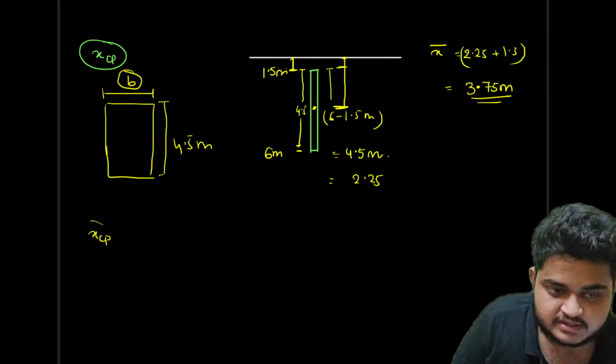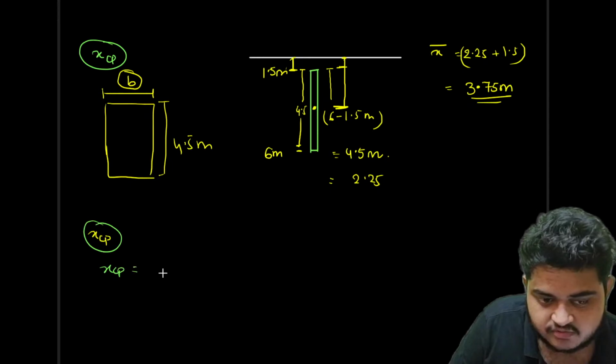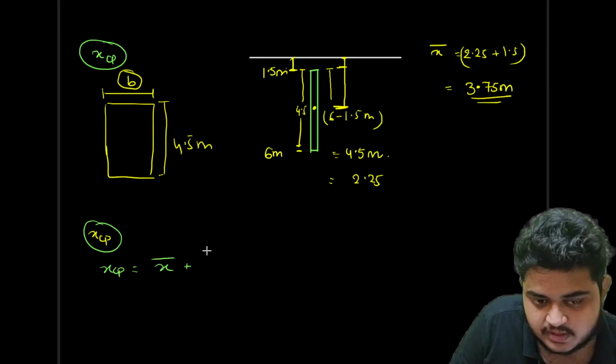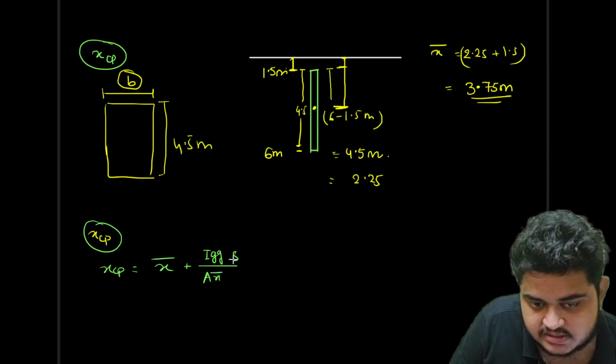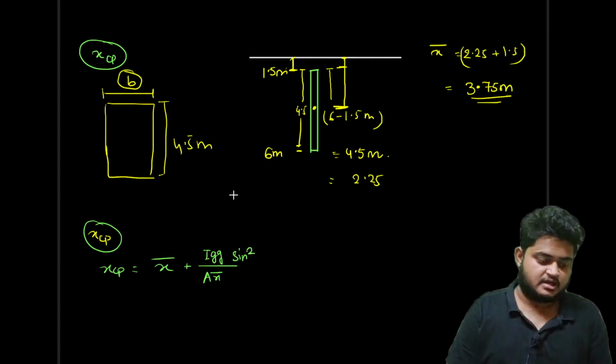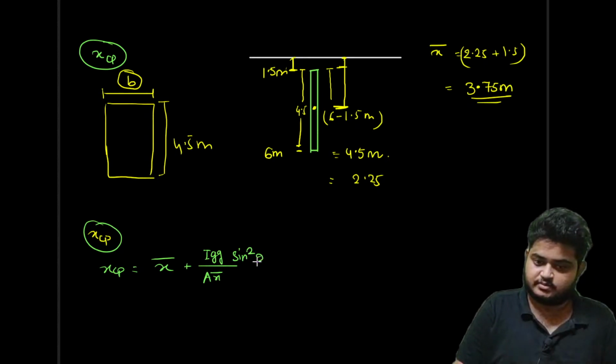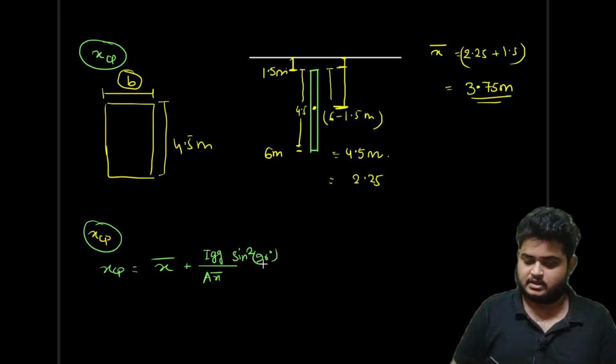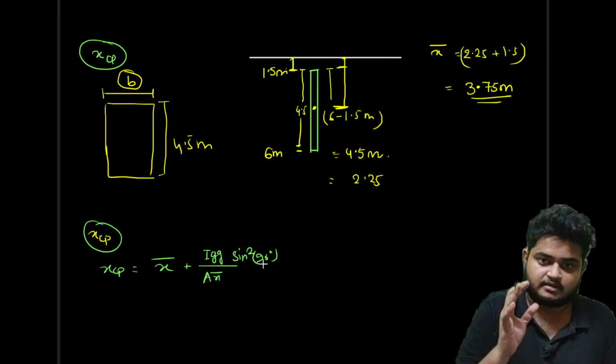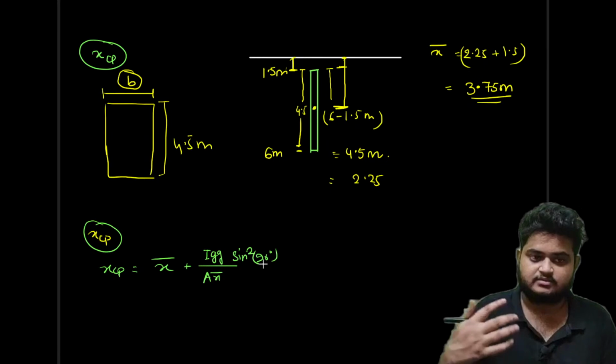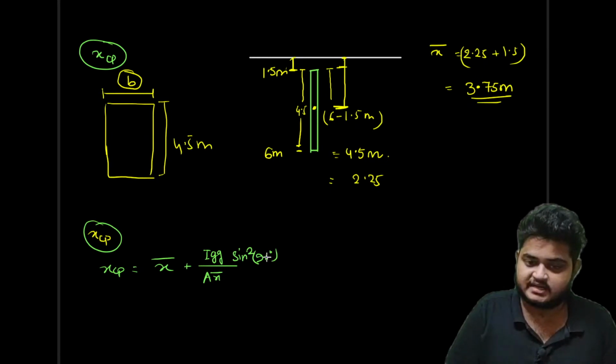If I want to calculate the center of pressure, XCP is according to the formula x bar plus moment of inertia upon A into x bar, sine square theta, and this is a vertical case, so theta will be 90 degree.